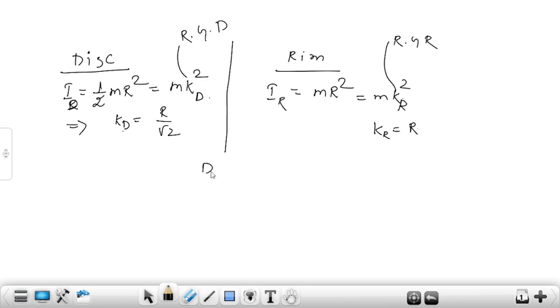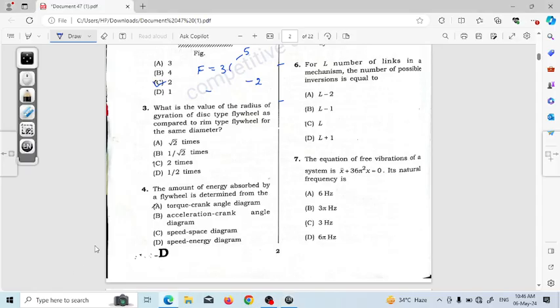So the ratio of radius of gyration of disc type to rim type is r by root 2 divided by r, which is equal to 1 by root 2. So the answer will be 1 by root 2. Option B is the correct answer.